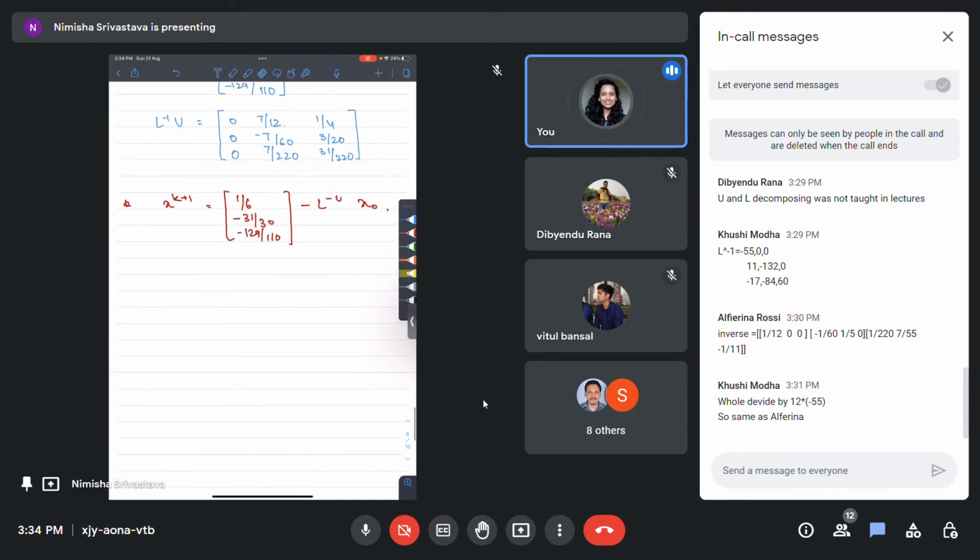From this I'll get three equations because I will solve it line by line. So now I'm doing my first iteration. Equation x1 at k plus 1 is 1 by 6 minus 7 by 12 into 3 minus 1 by 4 into 5.